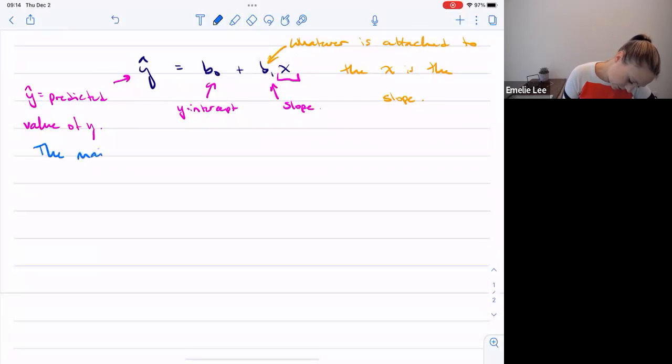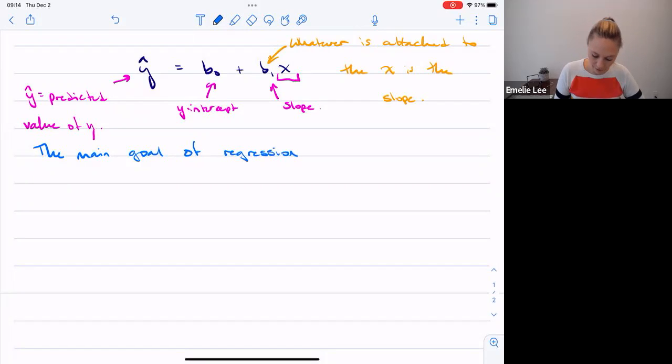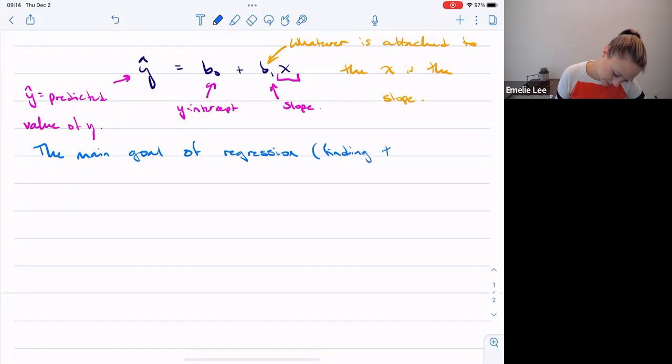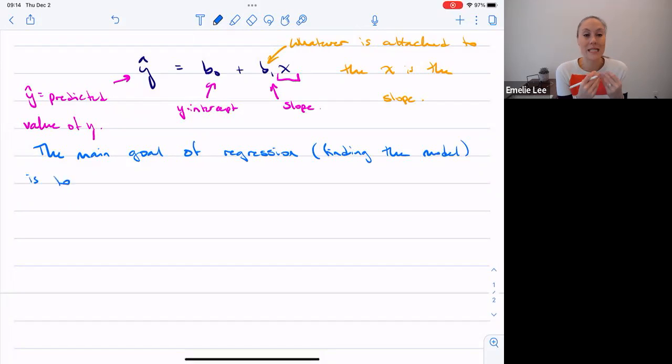The main goal of regression, there are other things we can do, but the main goal of fitting this model, or finding the model, is to predict values of y.